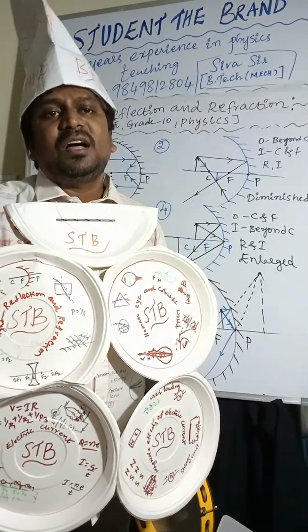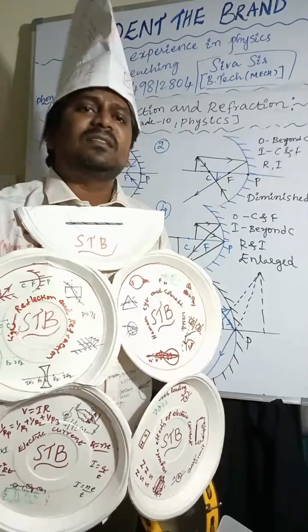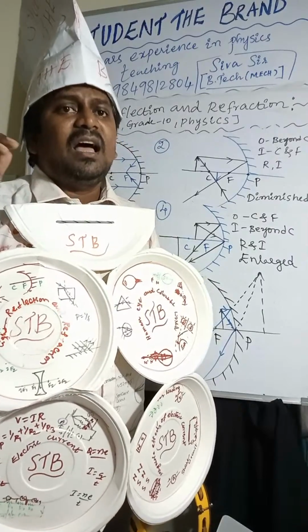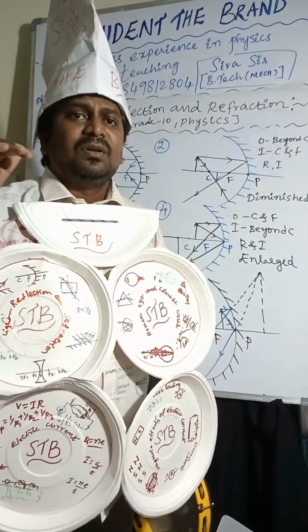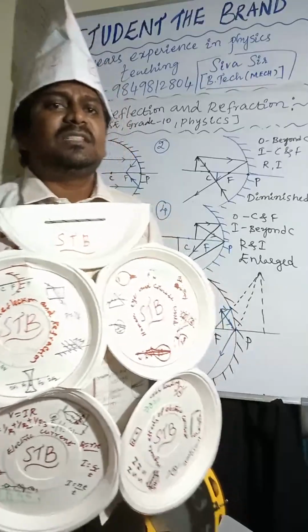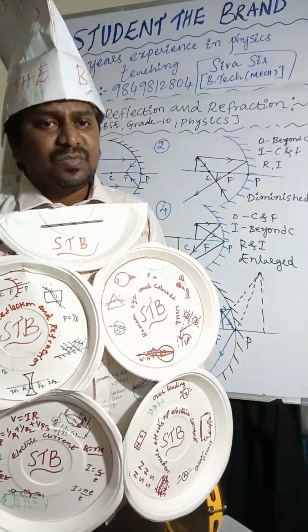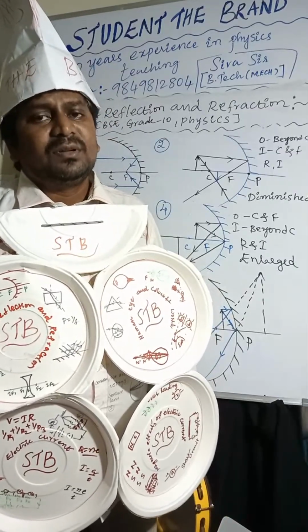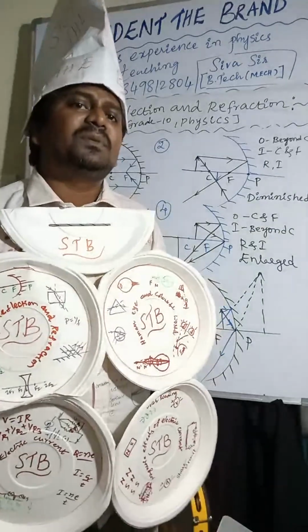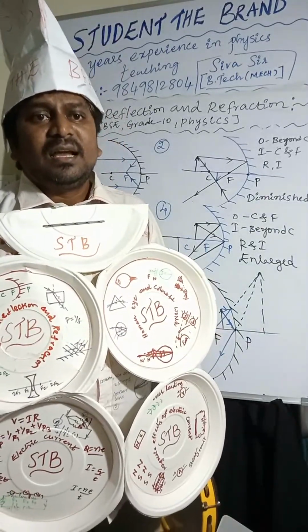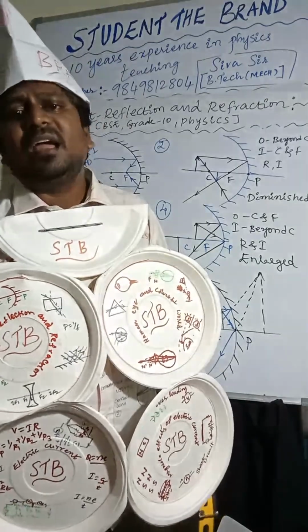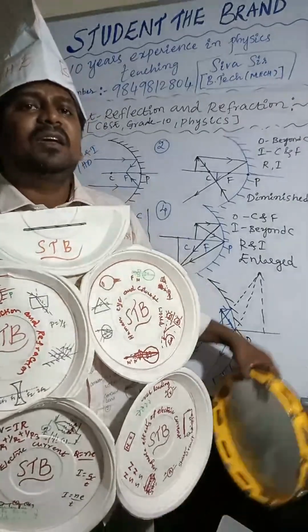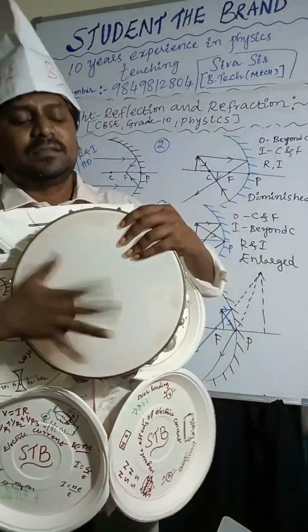Distance is positive along the incident ray. Distance is negative opposite to the incident ray. Distance is positive above the principal axis. Distance is negative below the principal axis.